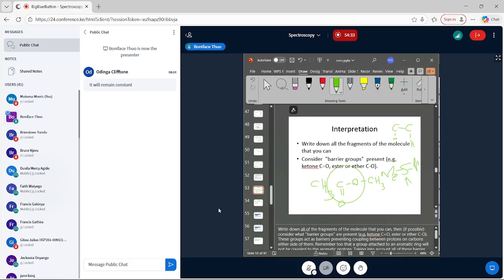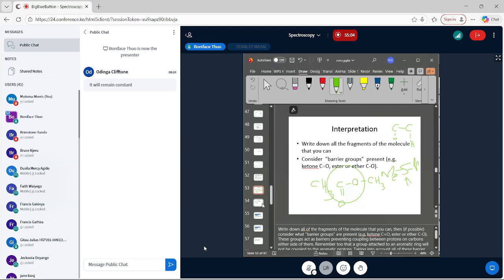So those are simply barrier groups, any group which is preventing coupling, or any group which is increasing the separation between the hydrogens, thus making them non-vicinal. Does that answer your question, Stanley? Yes, yes. Okay.